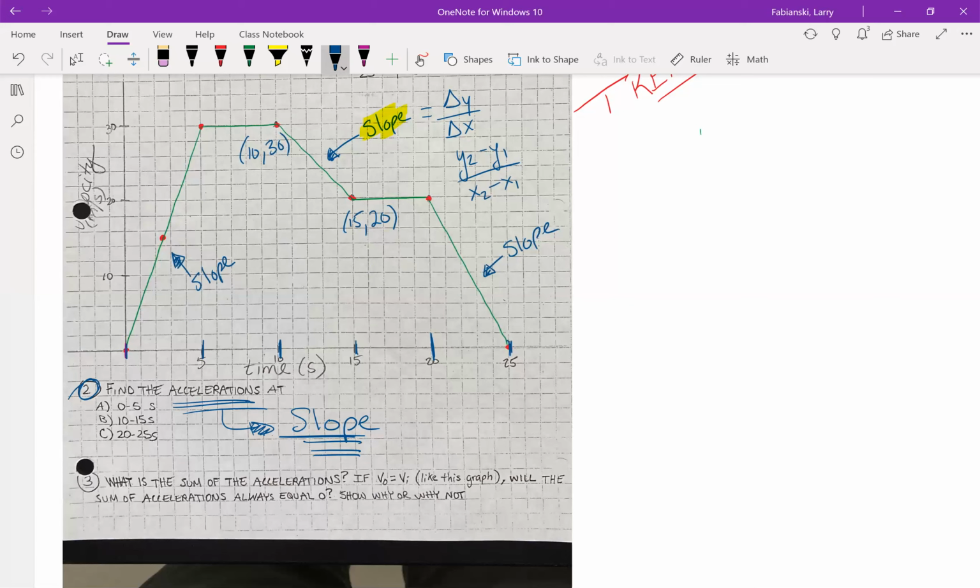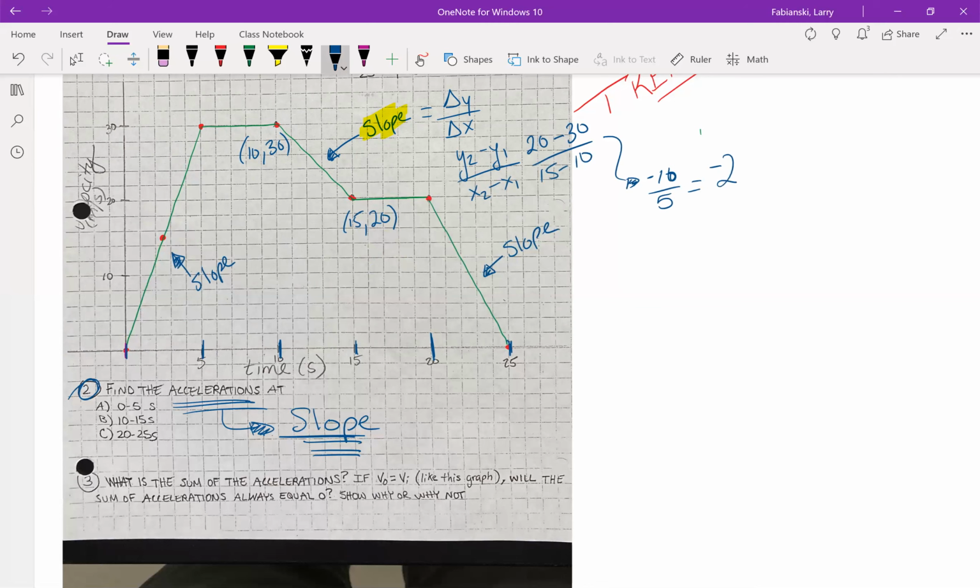Going through, we're going to do the y's first. So it's going to be 20 minus 30 over 15 minus 10. This will give us an answer of 10 over 5, which gives us a slope of 2. Now, remember that up here, that's a negative 10, so this comes out to be a negative 2.